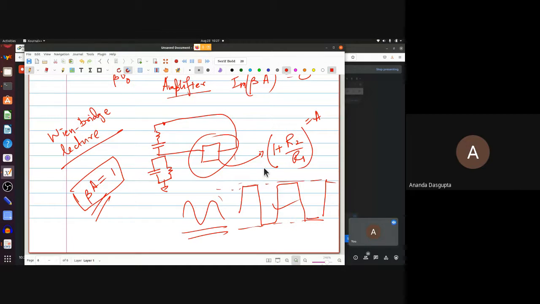I don't expect you to know the answer, but you should be able to guess. From this fact, does the resistance depend on signal size or does it not depend on signal size? Yes? The 1 kilo ohm resistor, 1 kilo ohm for all currents.